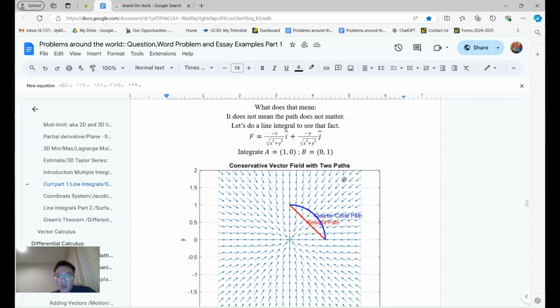Anyway, we're going to talk about the path, because unlike a regular integral, the graph here does not represent area. These vectors are x and y, and they're showing you that if you go from this point to this point, the integral should be the same no matter what path you took.